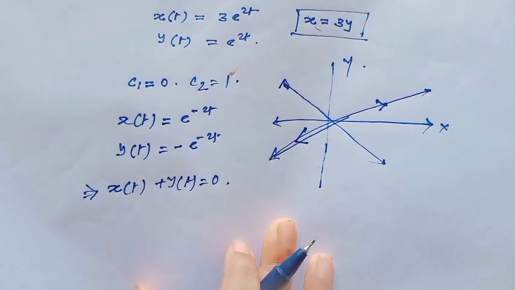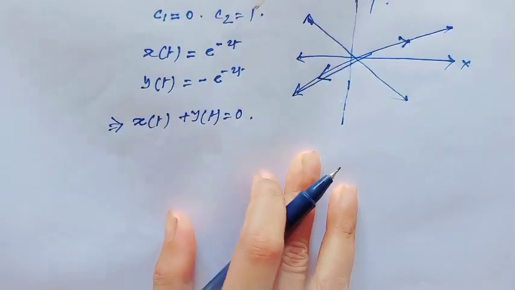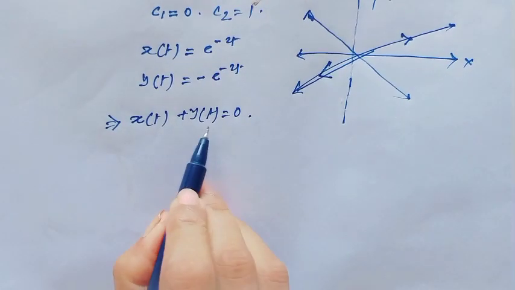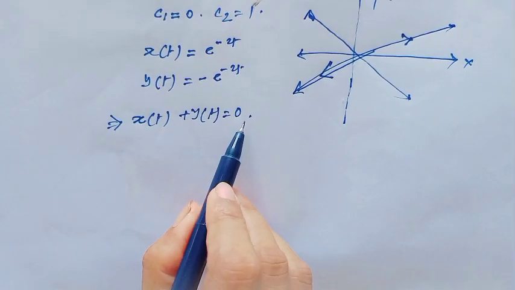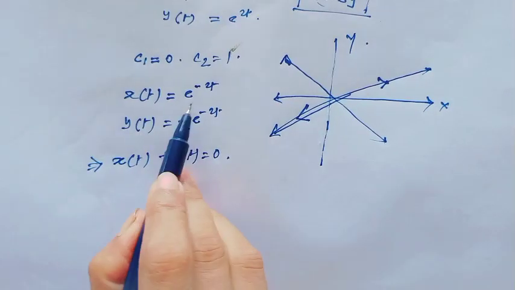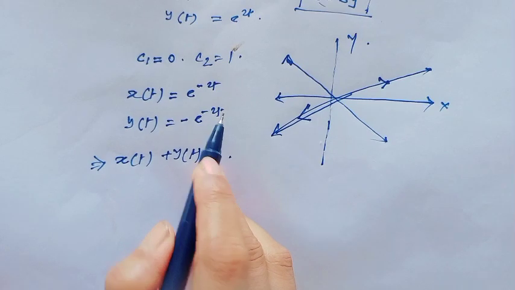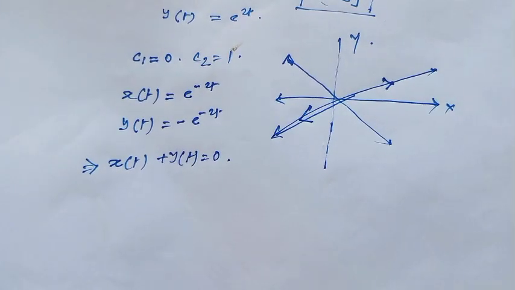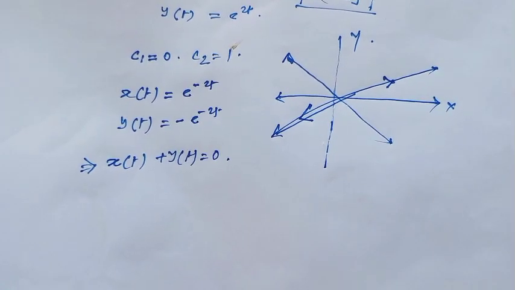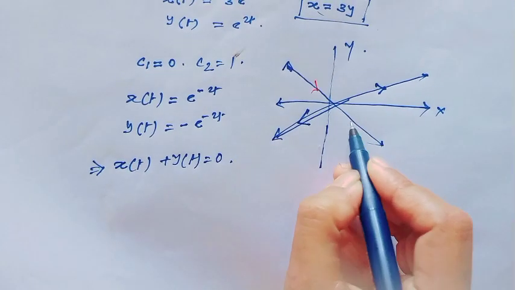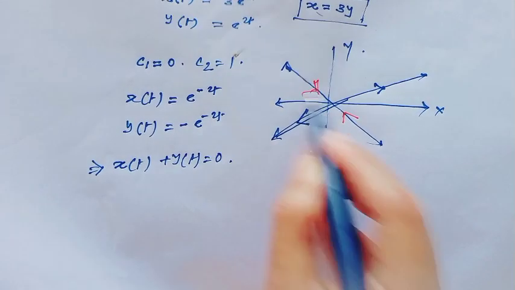But when x(t) plus y(t) equals 0, the solution would be of such type, with e to the power minus 2t. That means the solution always goes to 0. Therefore, for this, the solution would be of such type.